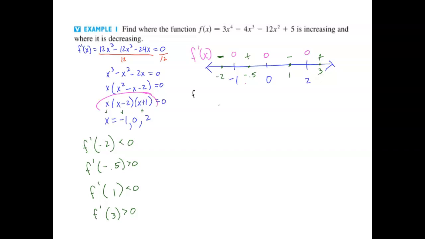So f increases on 2 intervals: -1 to 0 and 2 to infinity. Whoa, that is a bad infinity. Let's try again. All right, acceptable.